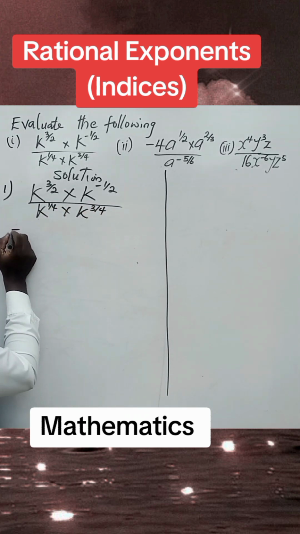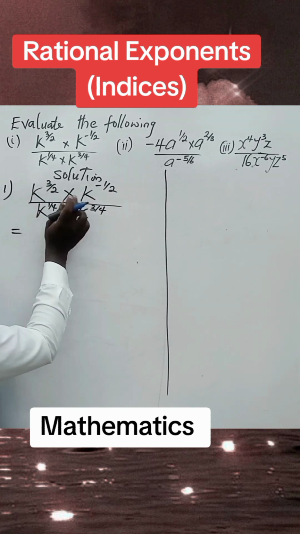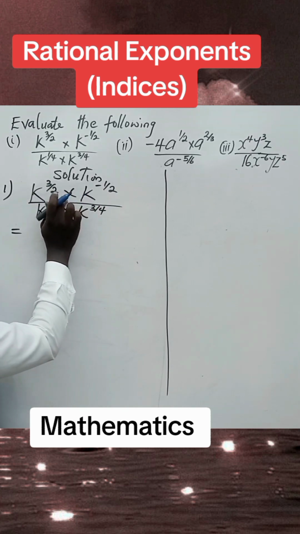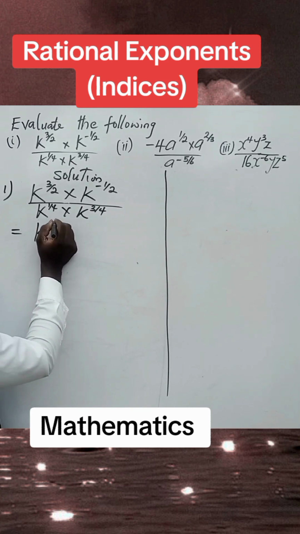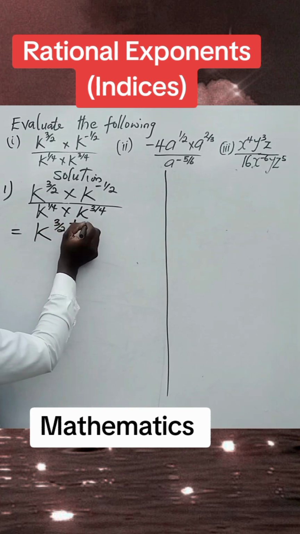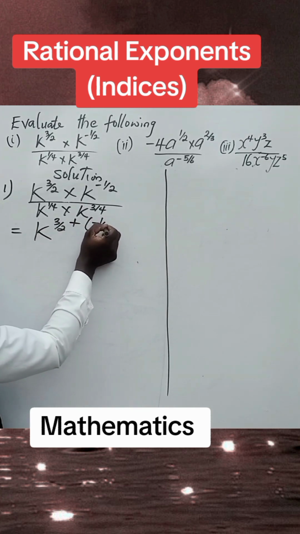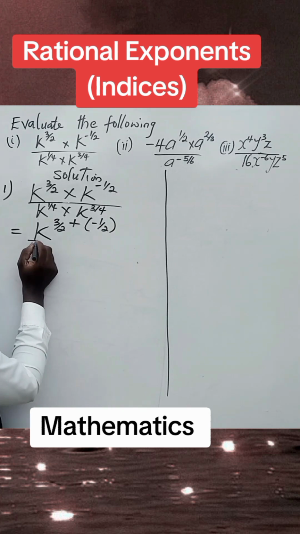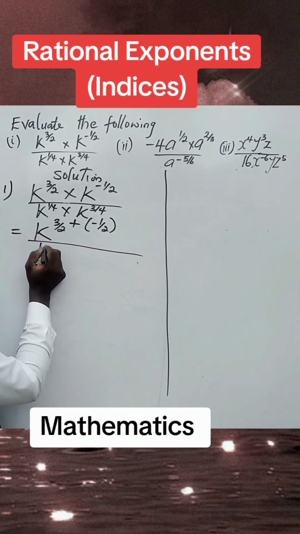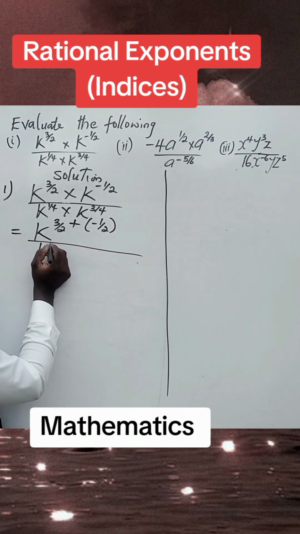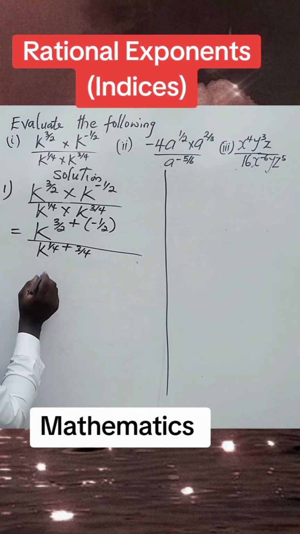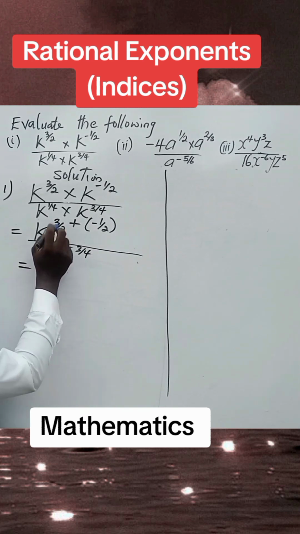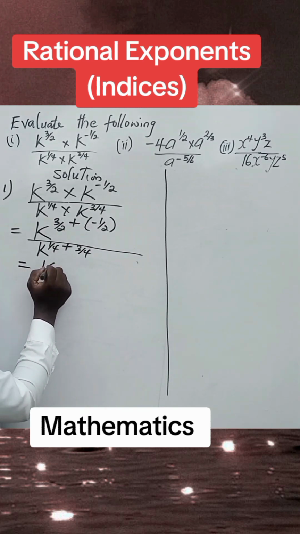Quickly, you have the same base, multiplication of the same base, you add the exponents. So k to the power 3 over 2 plus minus 1 over 2. So you add the powers. Same thing here for the divisor: 1 over 4 plus 3 over 4.